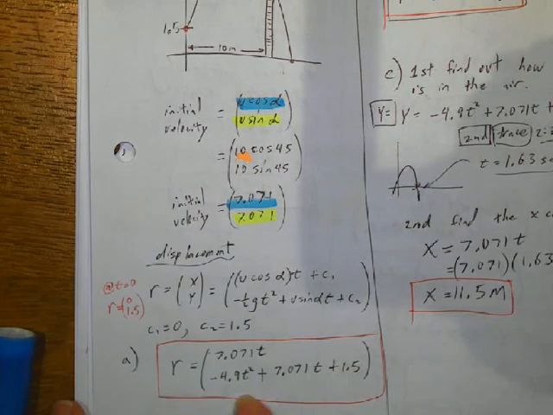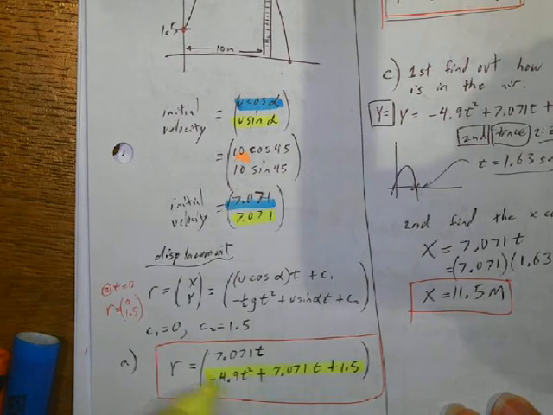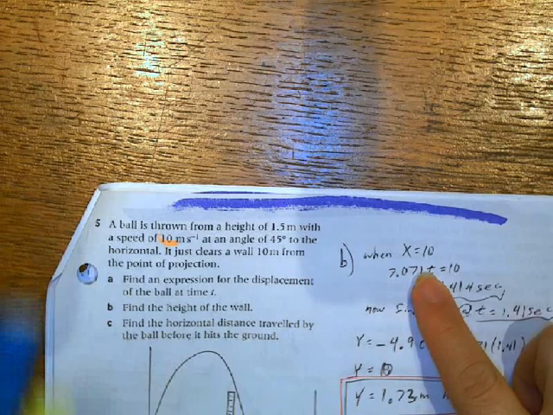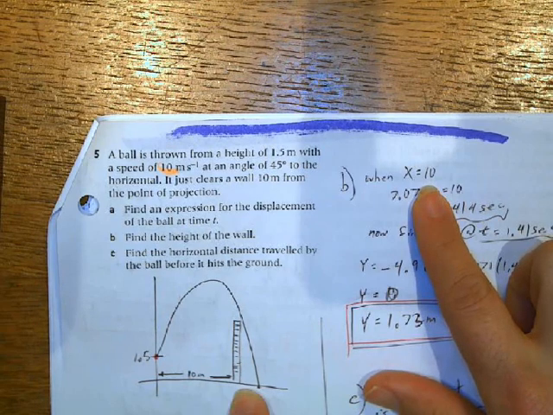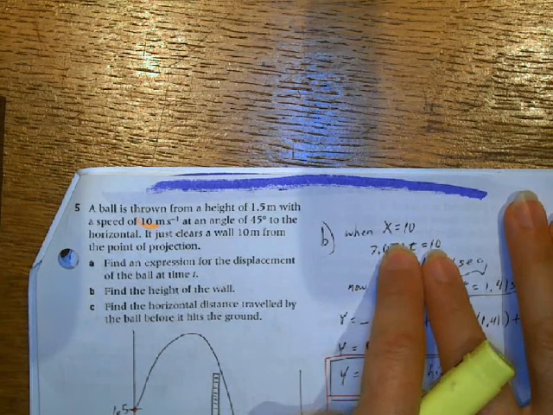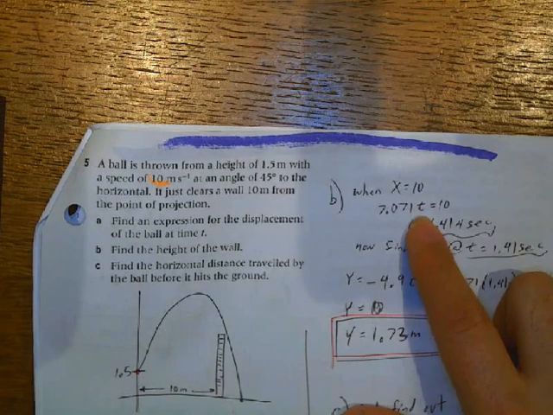To find the height of the wall, we use this equation, right? The first thing I need to do is, we know this wall is 10 meters away from where we're starting. So when we've gone 10 meters, we need to figure out how long it takes to get 10 meters.